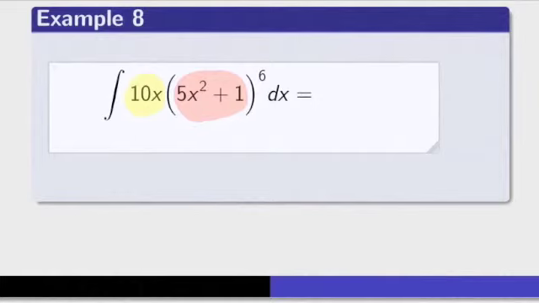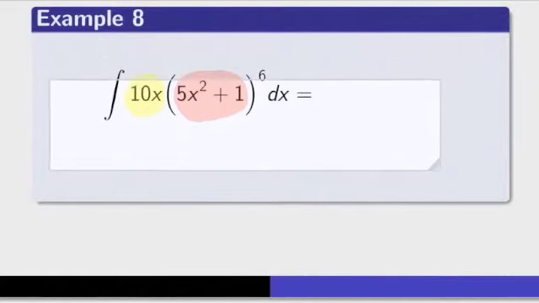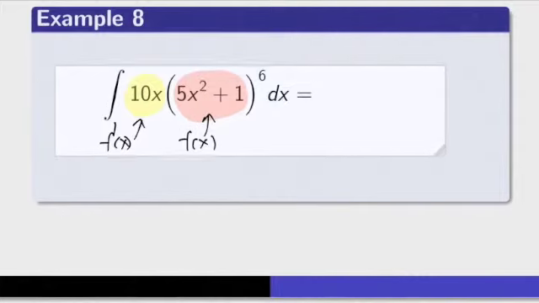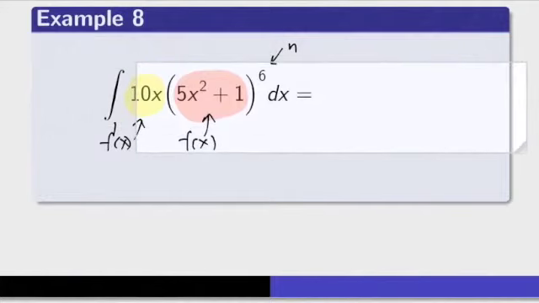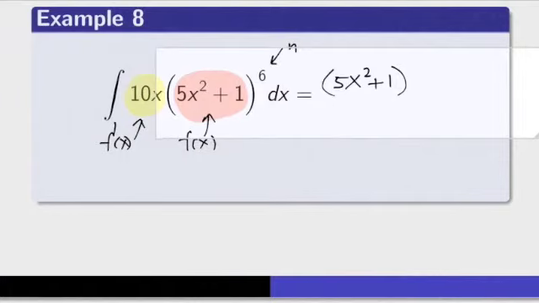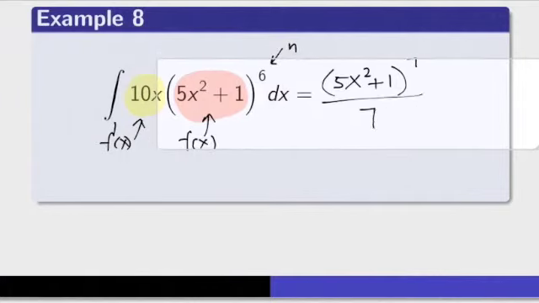So we have f dash x. f(x) is the term colored in red, and f(x) is raised to the power n. So according to rule 2 of integration, we have f(x) raised to the power n plus 1, n is 6, so n plus 1 is 7, divided by 7 plus a constant.